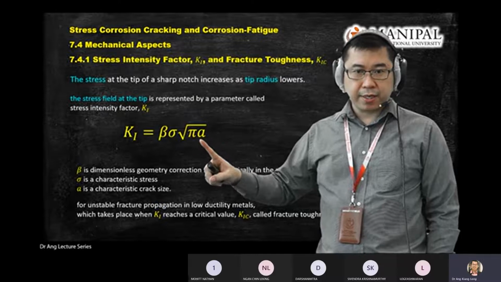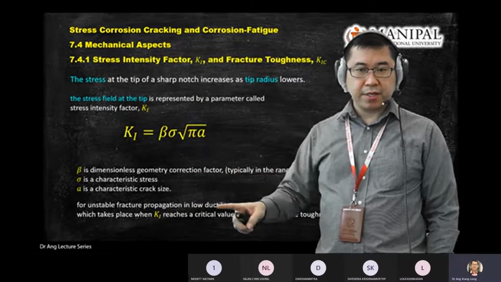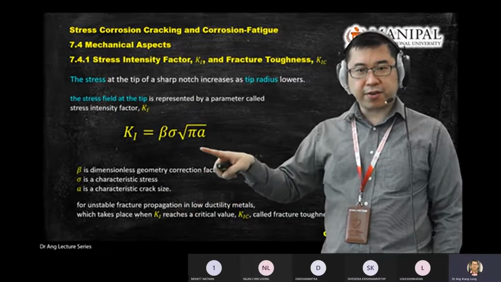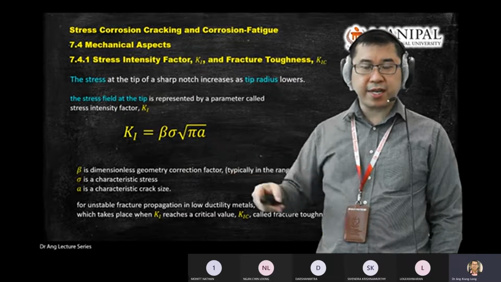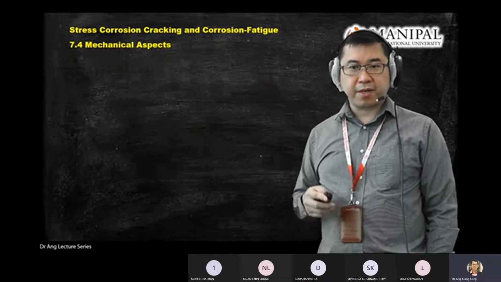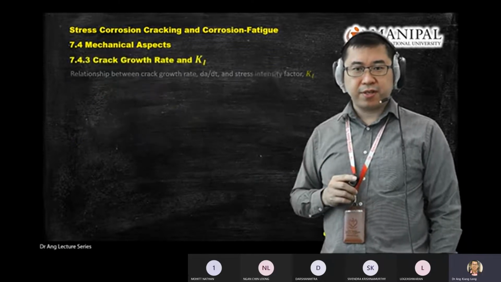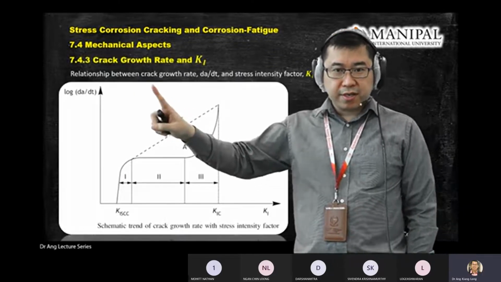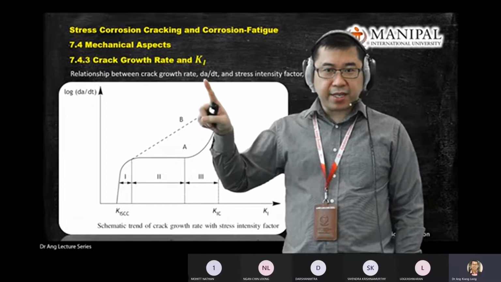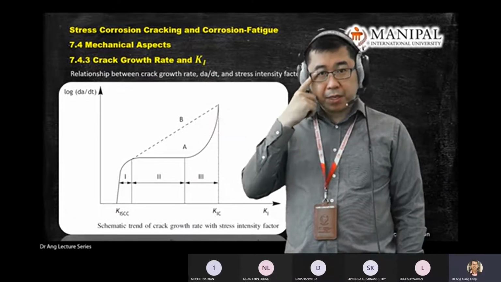So when you calculate the rate of the crack size, you take this A divided by time, and you get the rate of crack growth, dA over dt.